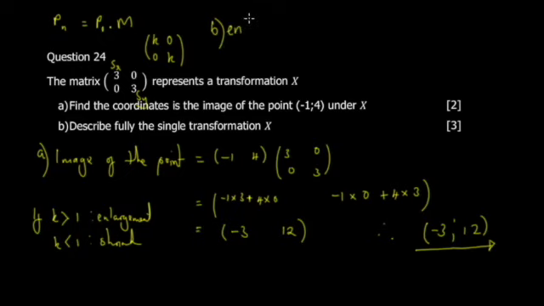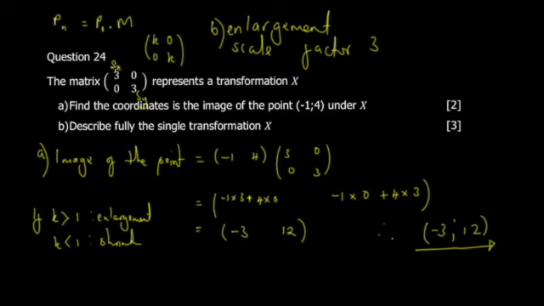It's a scaling thing. This is the description, and then you have to say the scale factor. Scale factor is what? It's 3. So you can say scale factor k equal to 3 or scale factor 3, and then that's it. You're done. So that's the single transformation.